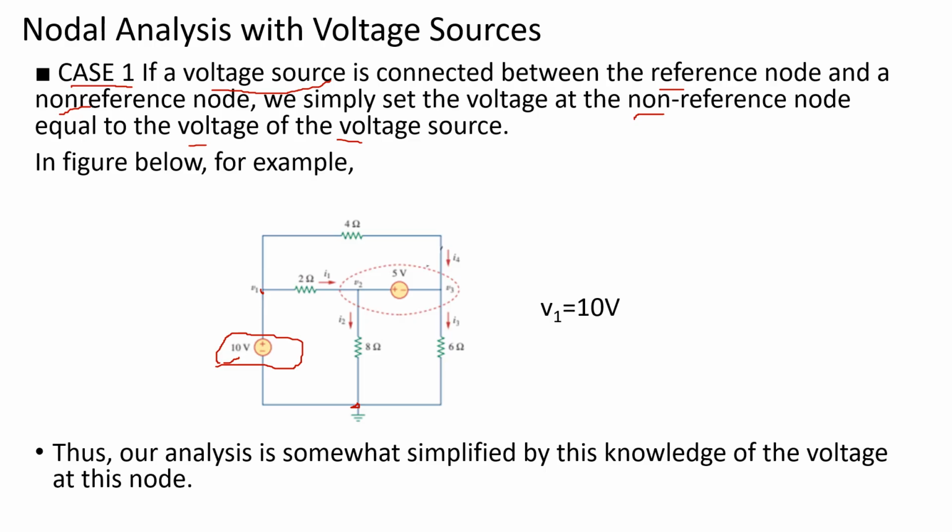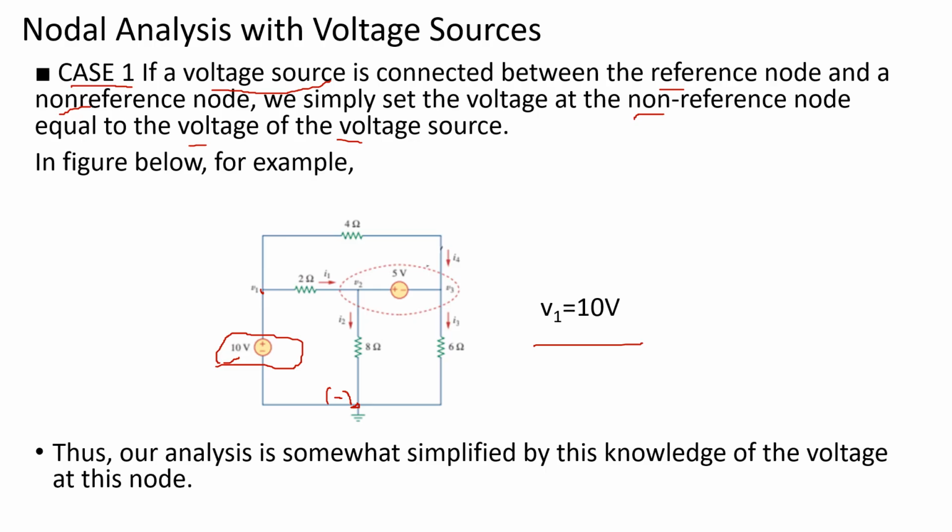Once more, by inspection, V1 is equal to 10 volts because 10 volts is located between your non-reference node 1 and the reference node. Take note that node voltage is defined as the voltage between the non-reference node and the reference node, with the negative polarity always at the reference node, which means we can say that V1 is equal to 10 volts.